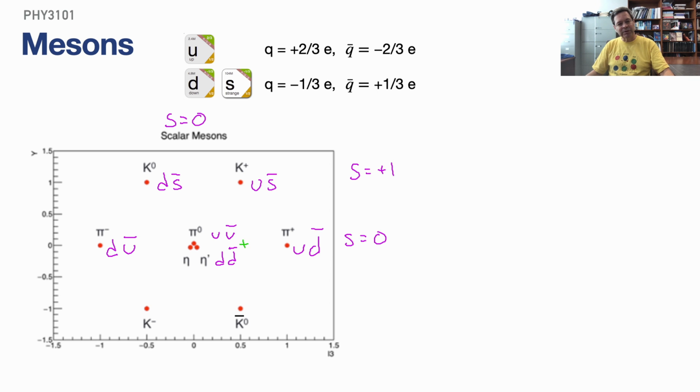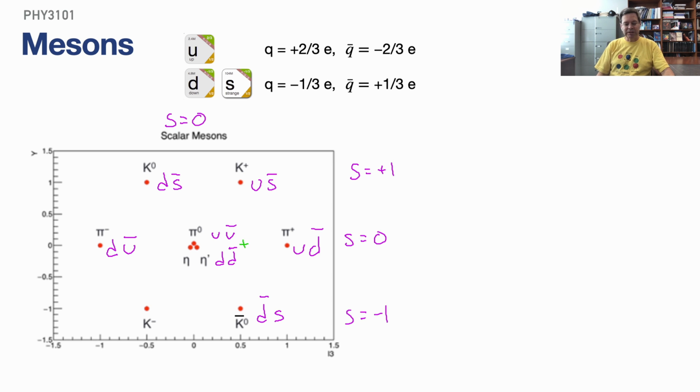The bottom row are the antiparticles of the top row. So I have a K0 bar, for example, in the bottom right. I just take the antis of those, a strange quark and an anti-down-type quark. This would give me strangeness minus 1, because remember, a strange quark had a negative 1 unit of strangeness.